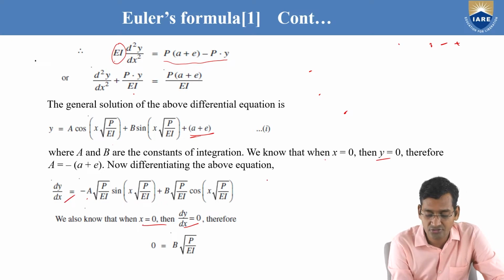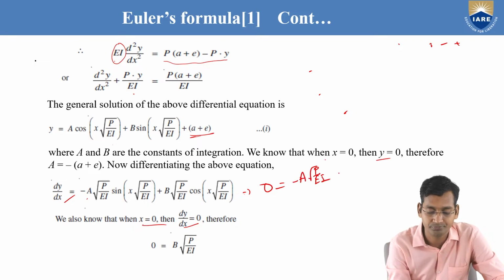So dy by dx is 0, equals minus A root P by EI sine x root P by EI, plus B root P by EI cos x root P by EI.